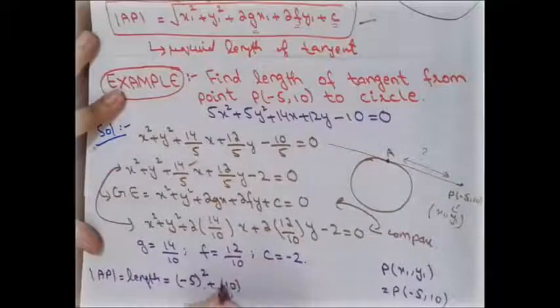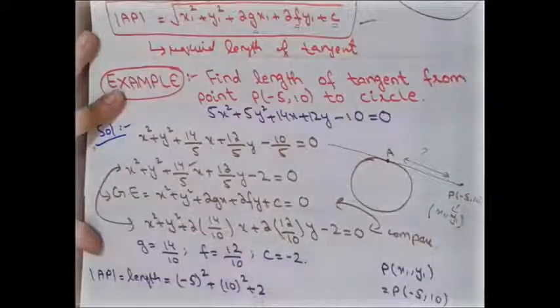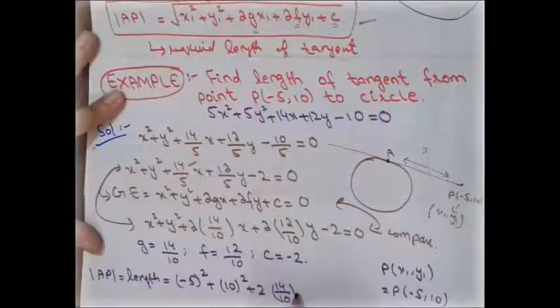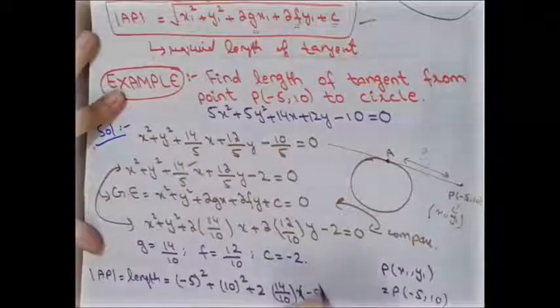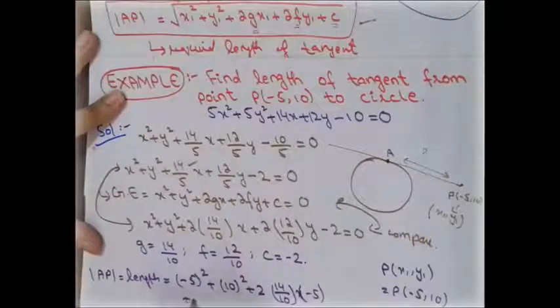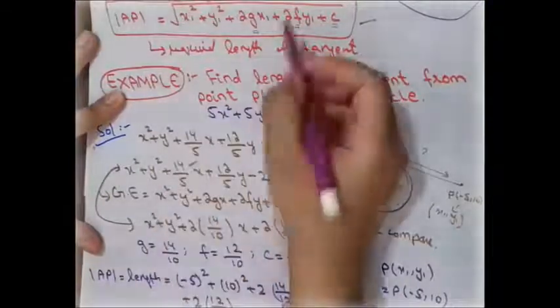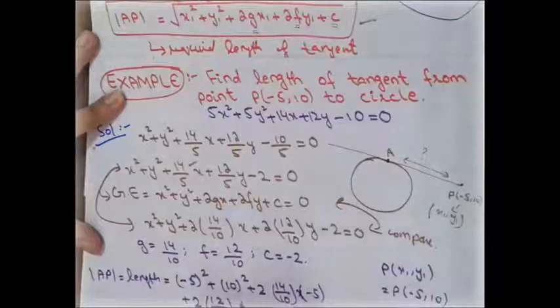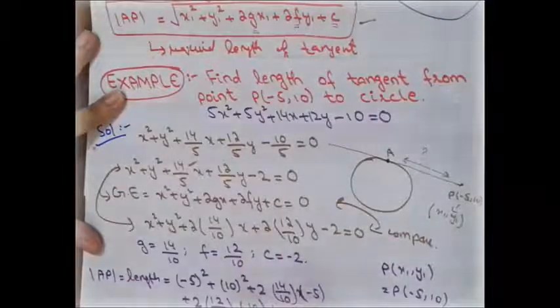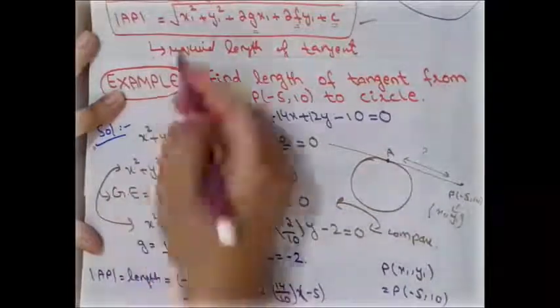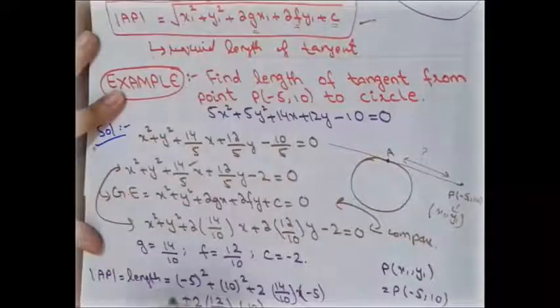So 10 squared plus 2 times the value of g, which is 14 divided by 10, times x1. The value of x1 is -5. Now plus 2 times the value of f, which is 12 divided by 10, and the value of y1, which is again 10, and plus c, the value of c is -2, and the whole term is under a radical sign.